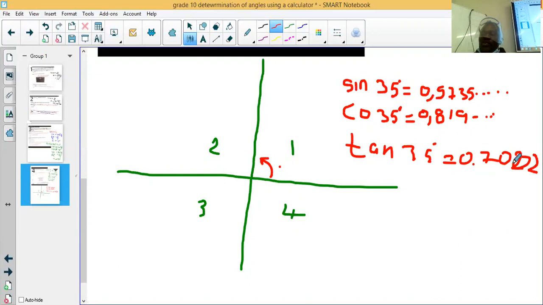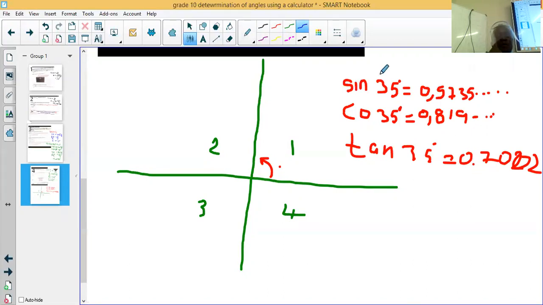Now the intention is here we are looking at the sign. Is it positive or negative? Positive. So, okay, so we are saying all trig ratios here.